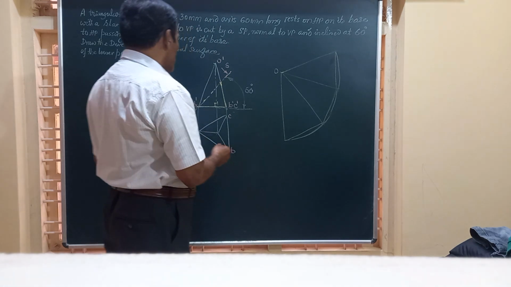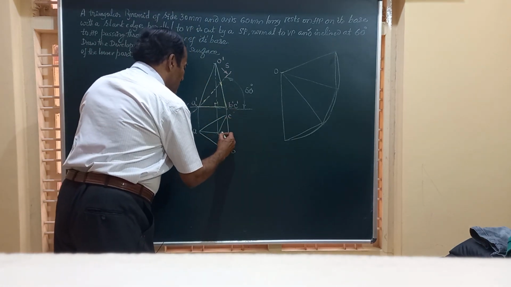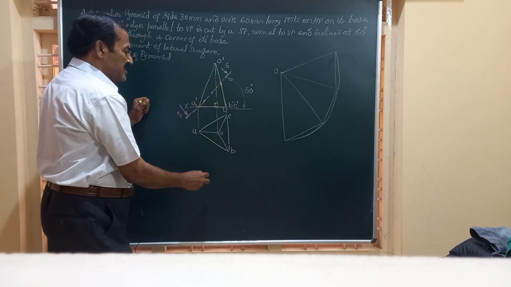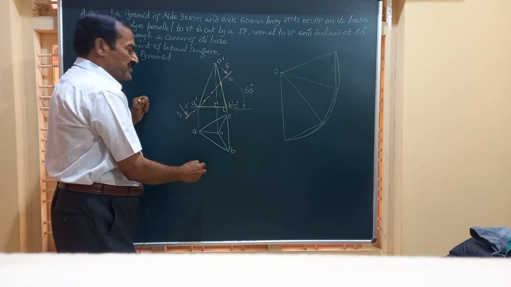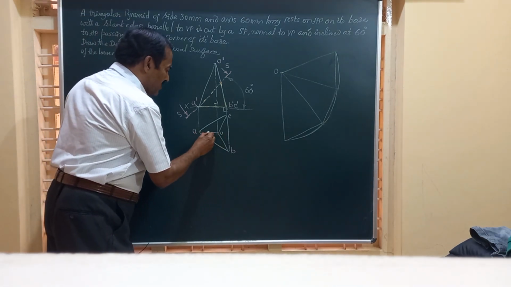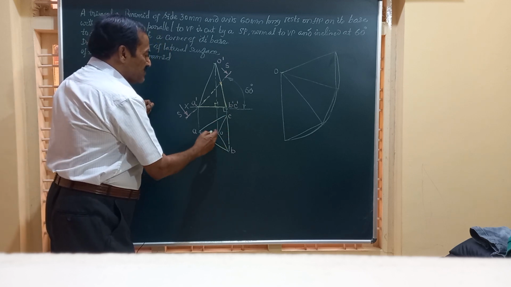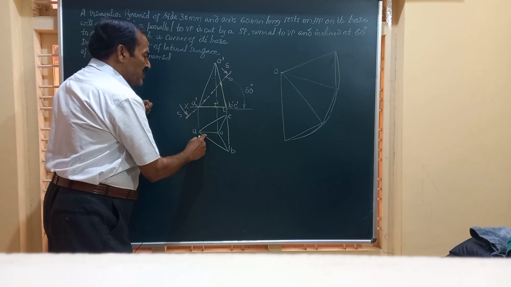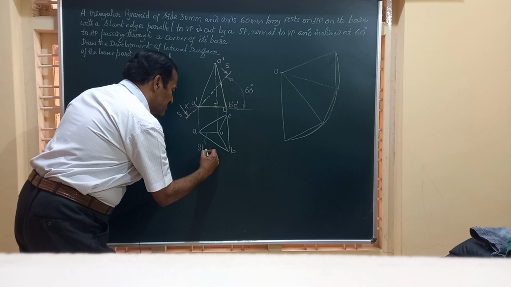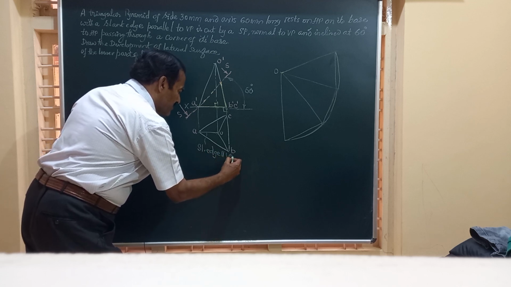So friends, we place the pyramid on HP such that one of the base edges of the solid is perpendicular to VP, that is BC perpendicular to VP, such that OA, one of the three slant edges, is parallel to VP. This OA is the slant edge, which is parallel to VP.